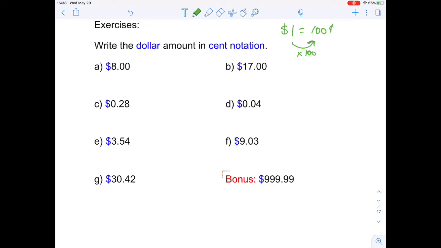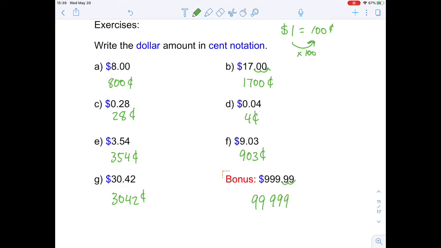When you multiply by 100, if you punch in 8 times 100, I'm sure you know already, and that's going to be cents, not dollars, 800. Okay, for the bonus, we're moving this 2 to the right. So we're going to have 99,999 cents.